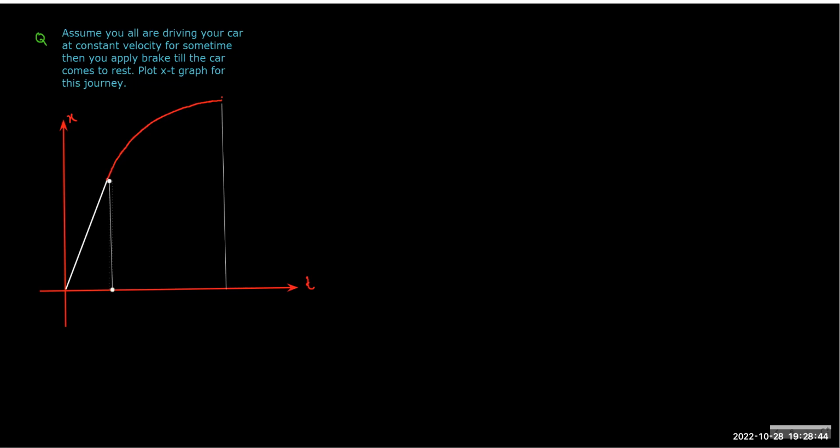Yes. So a concave down is retardation, and this is the constant velocity. Okay. Is this clear? Yes.